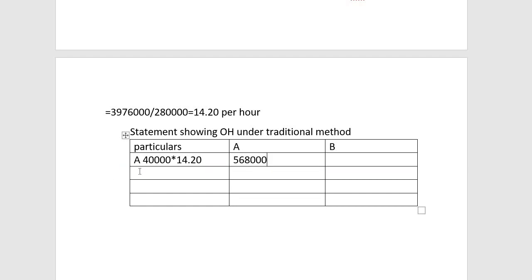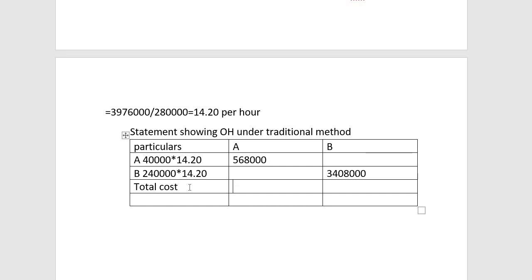For B, the total machine hours is 2,40,000. Machine rate per hour is 14.20. The total is 34,08,000.